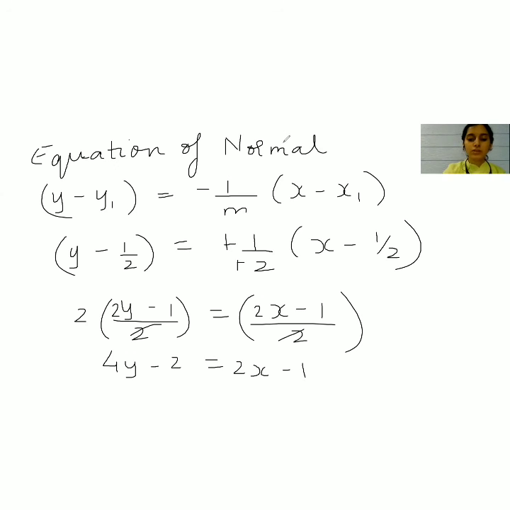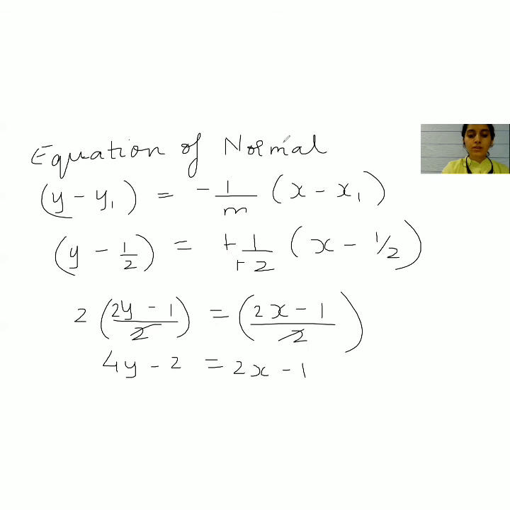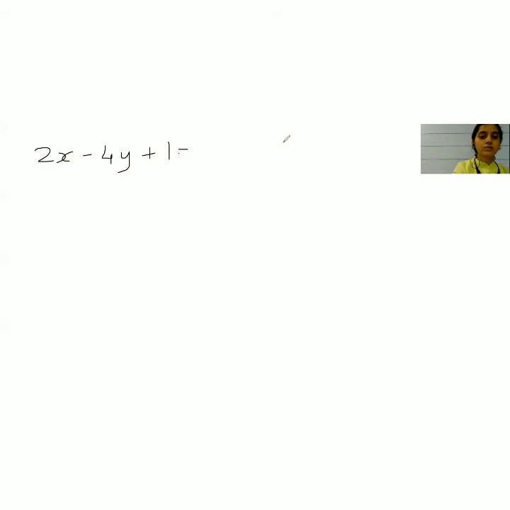So what will be the equation? 2x minus 4y, right? 2x minus 4y minus 1 plus 2 is plus 1 equal to 0. This is equation of your normal. Correct? Yes. So this is how you find out the equation of normal and tangent. Okay.